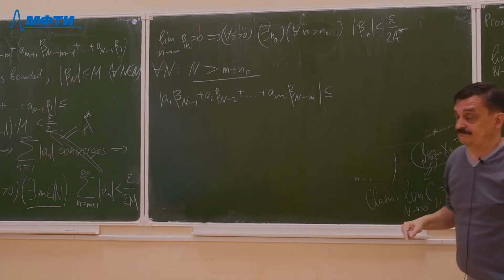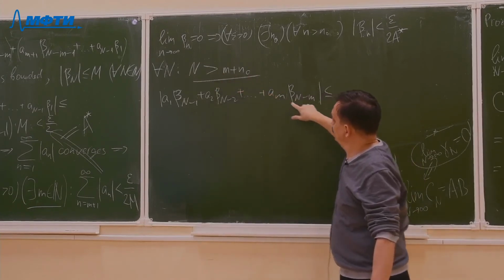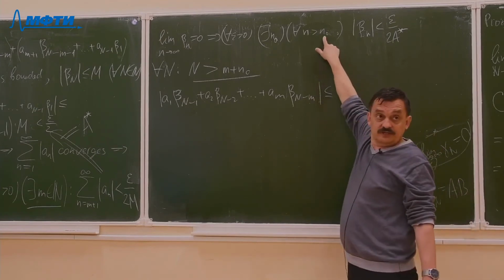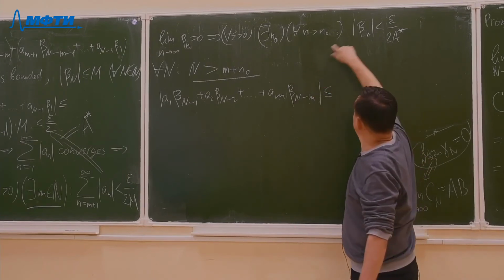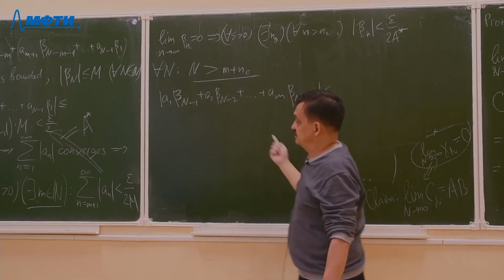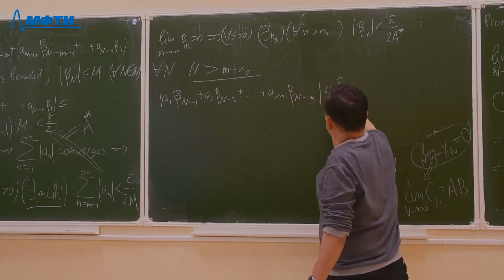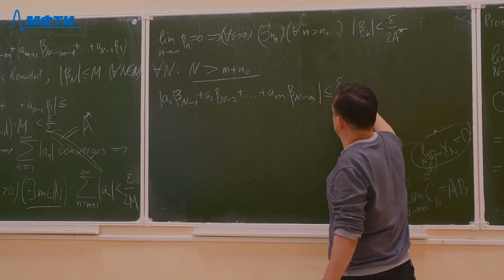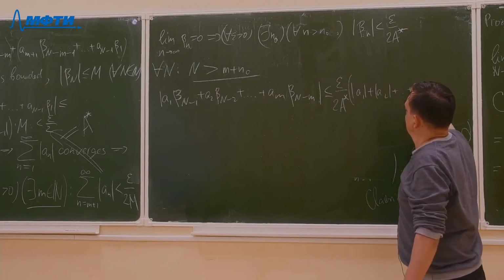Indices of betas. Every index, so capital N greater than m plus n naught. So here we have index which is greater than n naught, right? Capital N minus m greater than n naught. Hence modulus of beta less than epsilon over 2 A star. And it's true, of course, for larger indices as well, because for all. So I replace every beta by this number, and what remains? Modulus a1 plus modulus a2 up to modulus am.